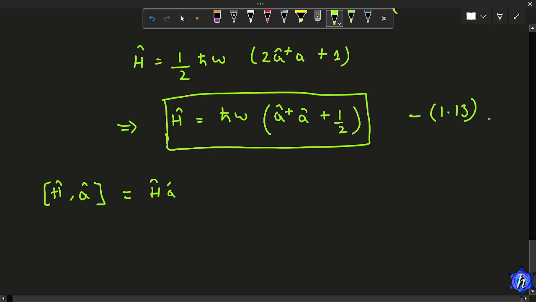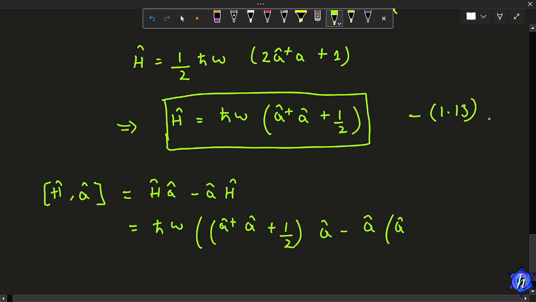We want to calculate H A minus A H. So we'll use H equals h cross omega times (A dagger A plus half) times A, minus A times h cross omega (A dagger A plus half). Okay, I can carefully open this bracket.